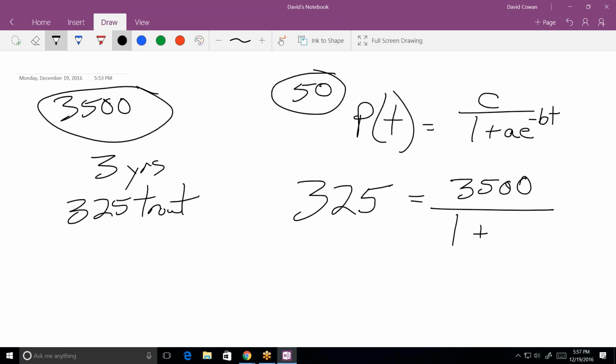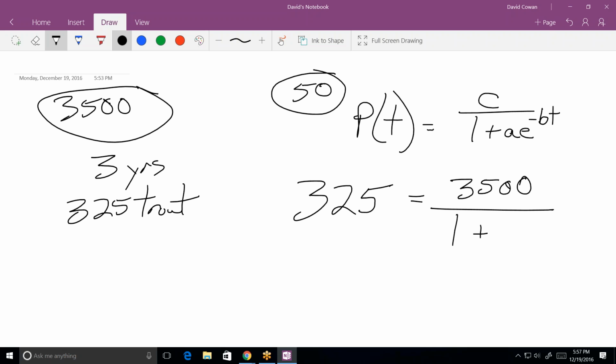So A, B, C, and K. Oh, no, hold it. A, C, and B are constants, and C is the limit to growth.